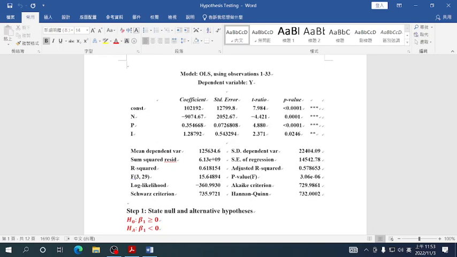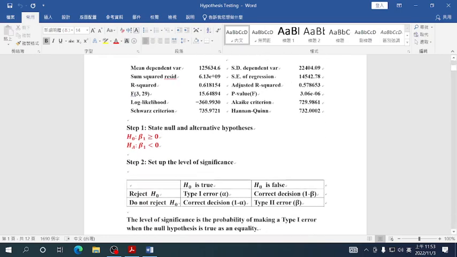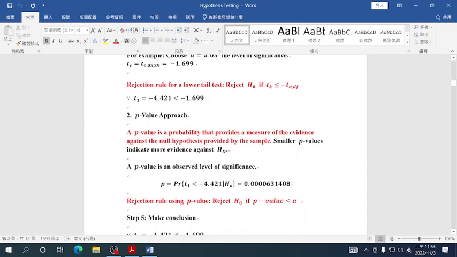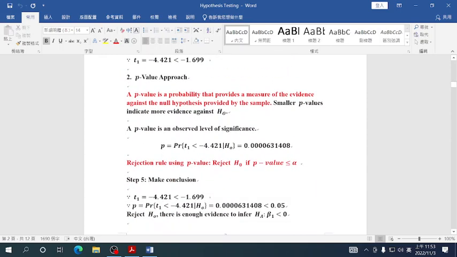Result? P-value approach. Okay. This one is for negative, right? But in this example, it's positive. So you want to know the right-hand side area of the p-value.